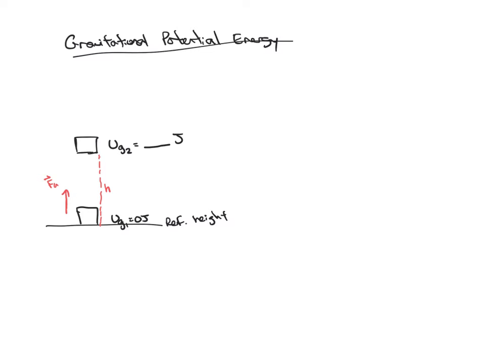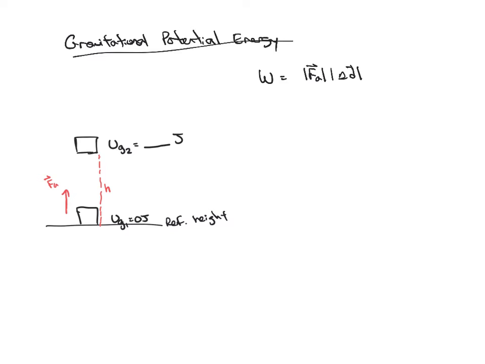Now, if we try to do what we did last time with kinetic energy, we'll say, okay, it got these joules from the work done by the applied force. The work done by the applied force is the magnitude of the applied force times the displacement, which in this case is the height, times cosine of 0.